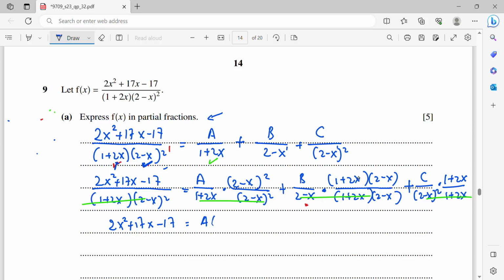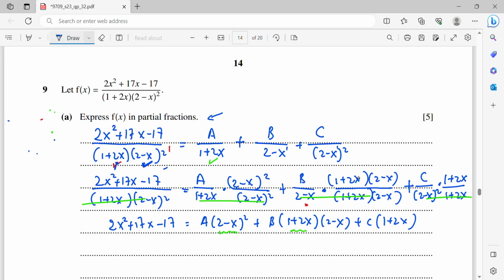You will get A bracket 2 minus x squared plus B multiplied with 1 plus 2x, 2 minus x, plus C bracket 1 plus 2x. Now to get the A, B, C, always let the factor be 0. Okay, so here we have two different factors. Firstly, 2 minus x. Second is 1 plus 2x.